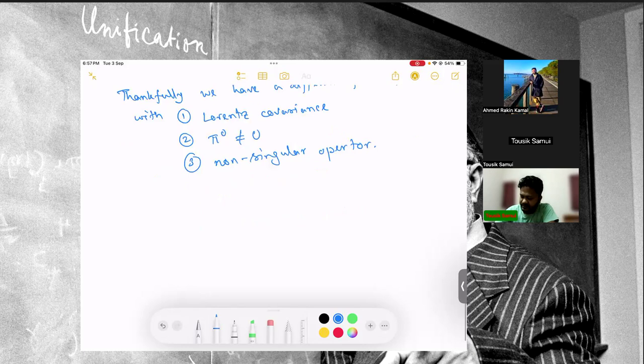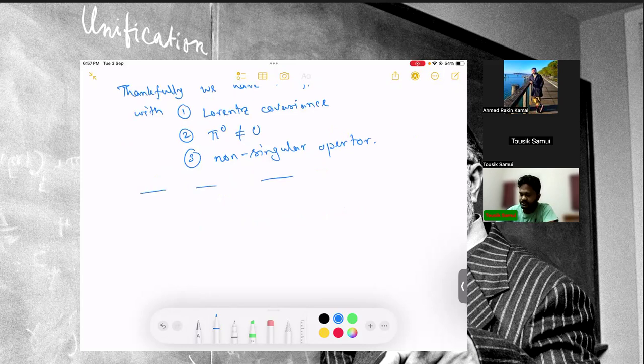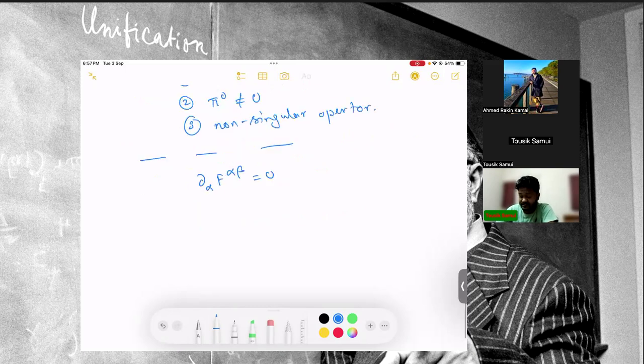So let us now rewrite the equation of motion in Lorentz gauge, with the Lorentz gauge condition.